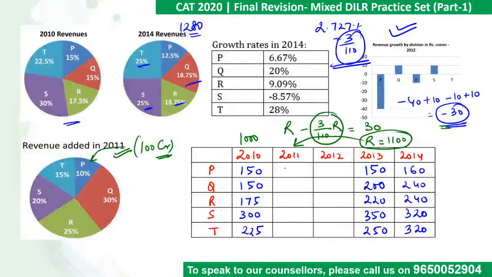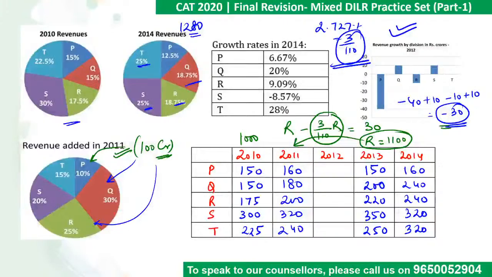So can I say this new figure for P would have become 160. Q कितना है? 30%, 30. So ये new figure हो जाएगी 180. R कितना है? 25%, 25 ऐड होके बन जाएगा 200. ये 20 ऐड होके बन जाएगा 320 और ये 15 ऐड होके बन जाएगा 240. These are the revenues of 2011.